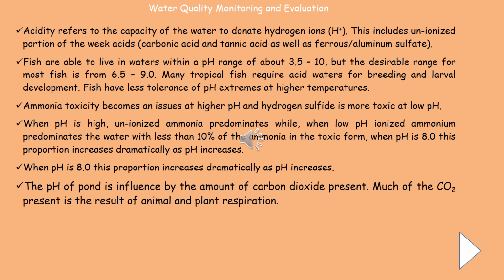The relative proportion of ammonia and ammonium ion present in the water is mainly affected by pH. When pH is high, unionized ammonia predominates in the water. But when pH is low, ionized ammonia predominates, with less than 10% of ammonia in the toxic form.